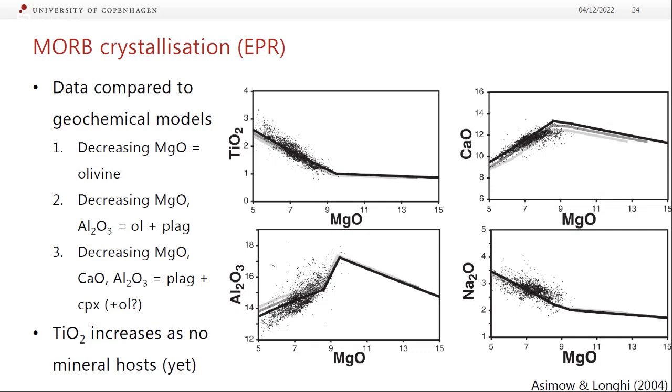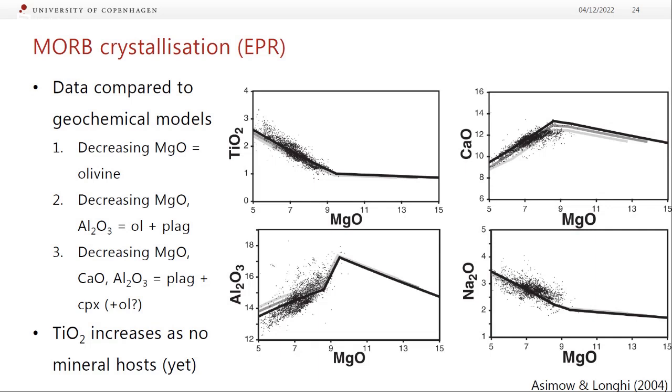The final stage, which we actually can't tell what's going on from this diagram, but we'll try and figure out in a sec, is we're decreasing magnesium, we're still decreasing aluminium, but there's a kink. And at the same concentration, which is just slightly below 9% MgO, we start dropping calcium quite rapidly. So we know that clinopyroxene must have started to crystallize because we're dropping the calcium.